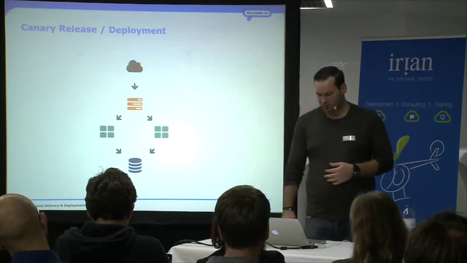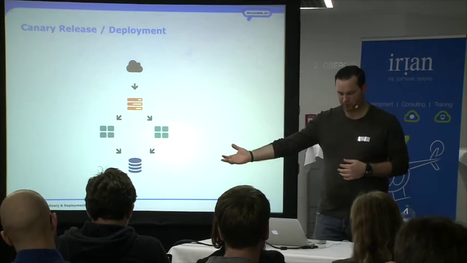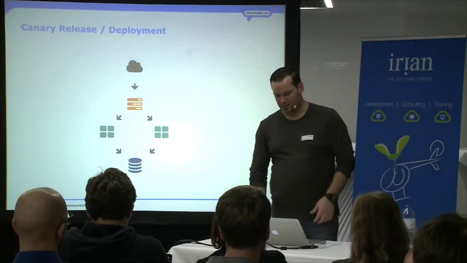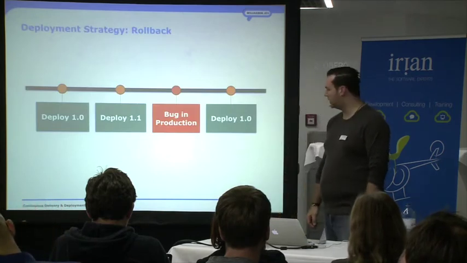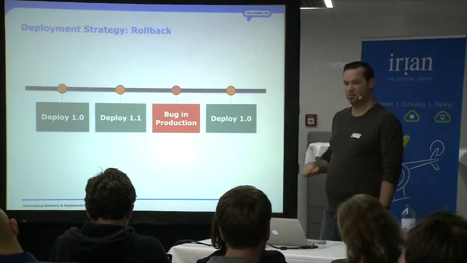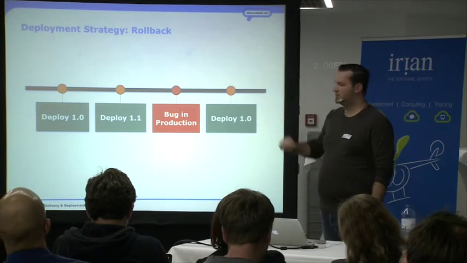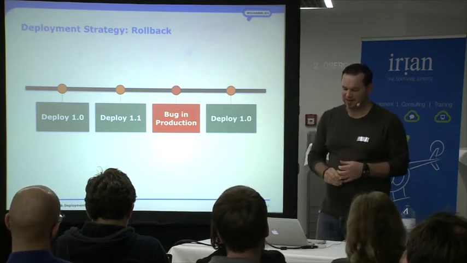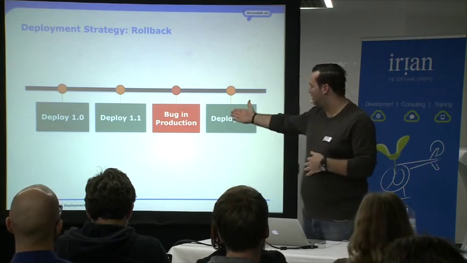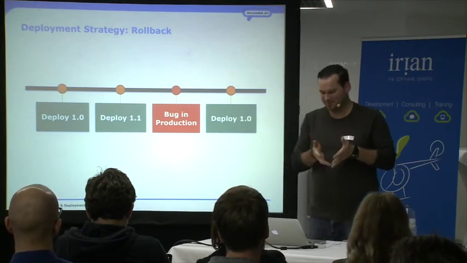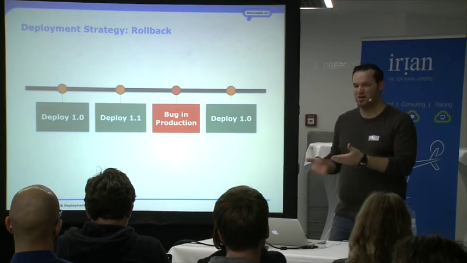Now, if you imagine you have released a new version, there might be a problem with this version. So you deploy version 1.1, and then you see there is a bug in this version, and you want to fix it. The deployment of 1.1 is quite young. You just did it right now, and you see the bug.